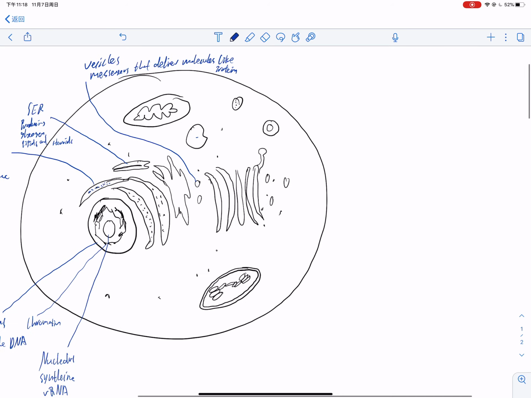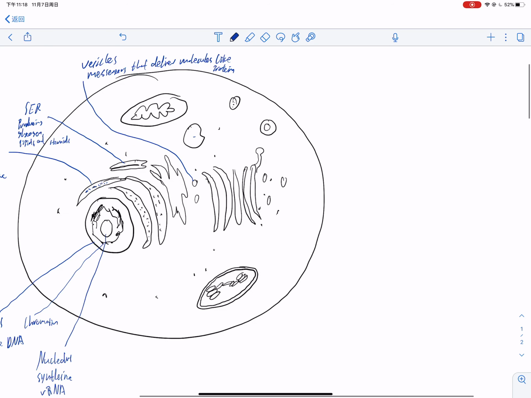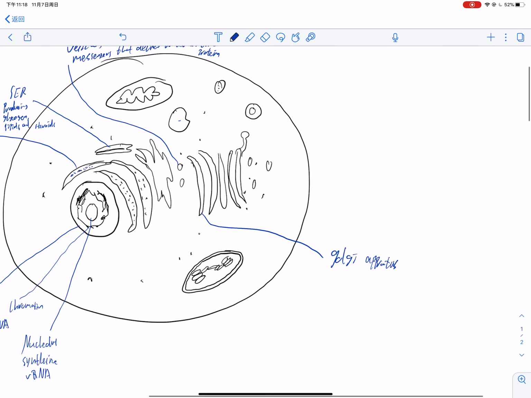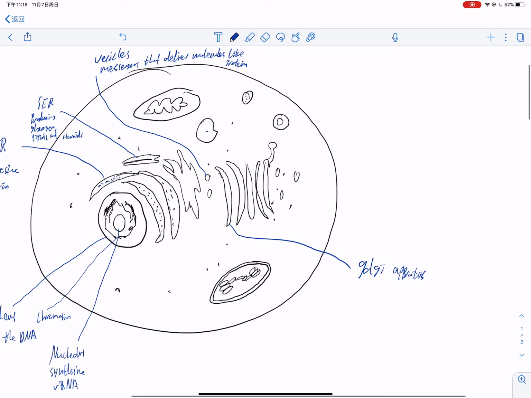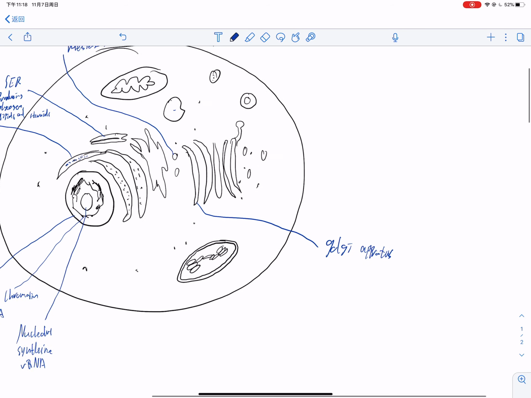And then, as you can see, close to these vesicles is the Golgi apparatus. The Golgi apparatus is like a mail room of the cell. It receives many vesicles, and then it will re-address those vesicles by telling them where to go next, and potentially modifying the contents in the vesicles, such as modifying some proteins.